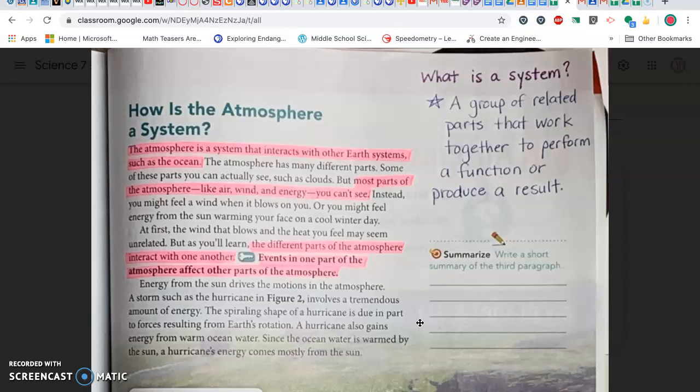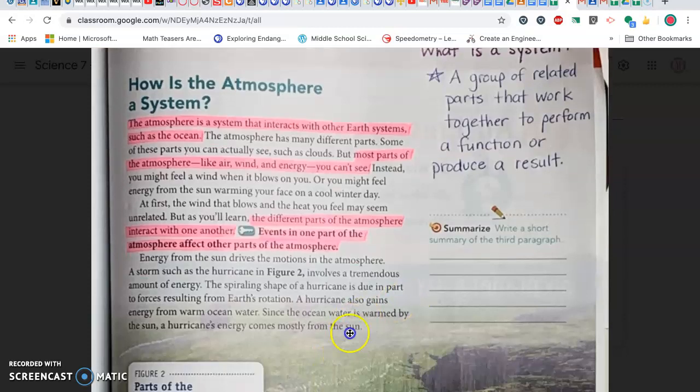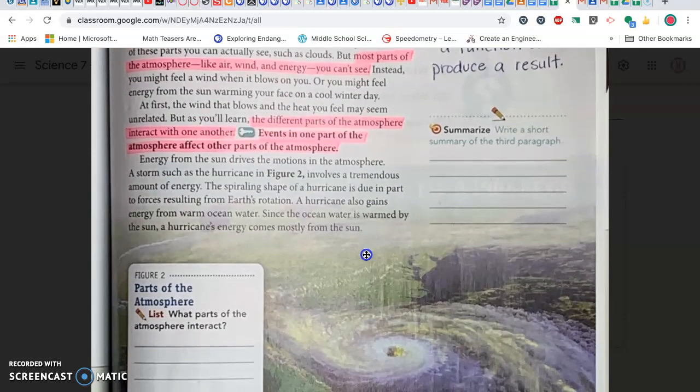And the same is true of the atmosphere in general. The atmosphere combines the different layers of air, as we'll get to in later sections. It also combines pressure, like how that air pressure interacts with each other. It also talks about how the atmosphere interacts with the ocean to create weather, and they talk about that down here with the whole notion of a hurricane.